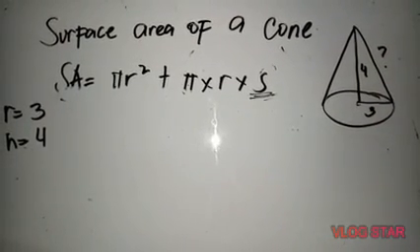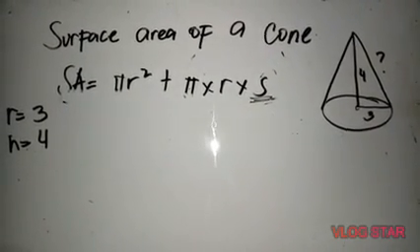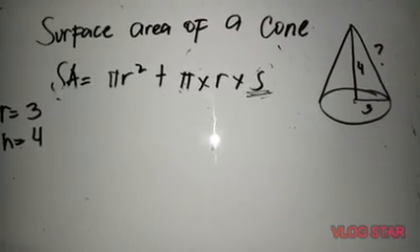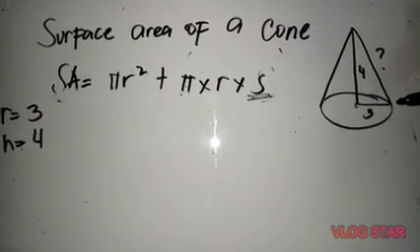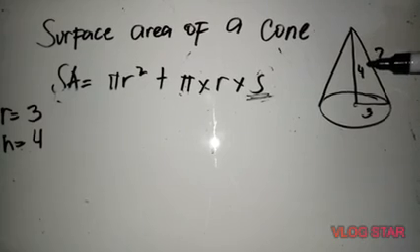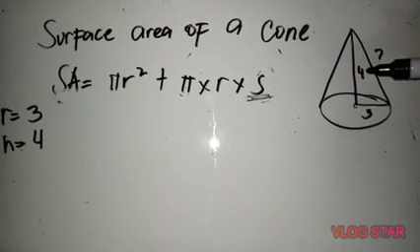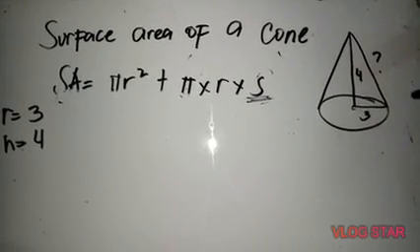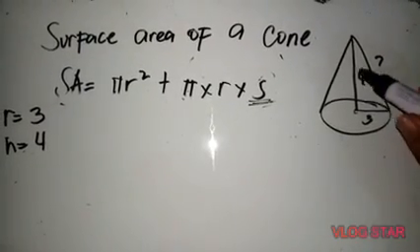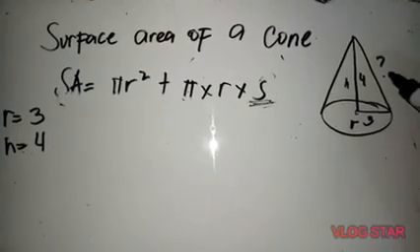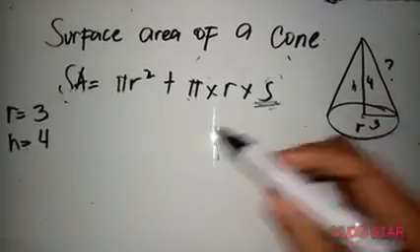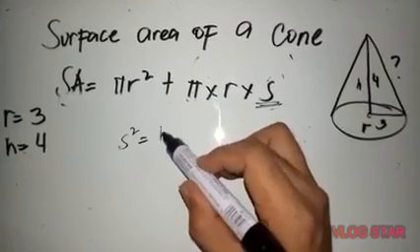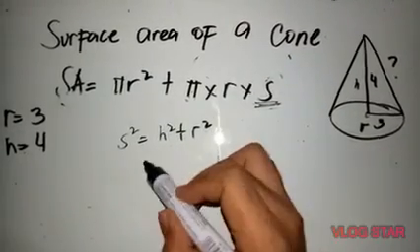When one side of a right triangle is missing, we can use the Pythagorean theorem, wherein the square of the longest side, the slant height, is equal to the sum of the squares of the two smaller sides, the height and r. So s square is equal to h square plus r square.